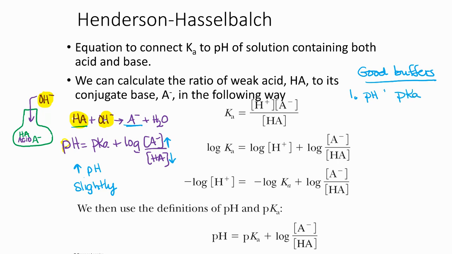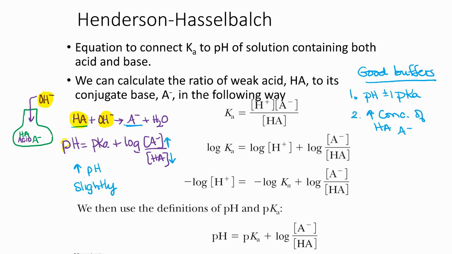It's going to hover around that pKa. The second important thing, though, is if you want a good buffer, you want it to be able to neutralize a whole bunch of weak acid and conjugate. You want it to be able to neutralize a whole bunch of added H plus or hydroxide, which means that you really want high concentrations of HA and A minus.